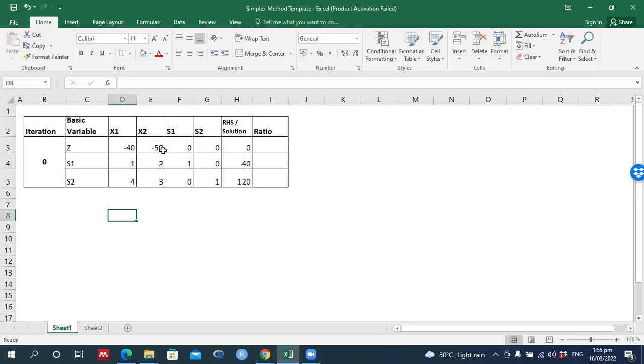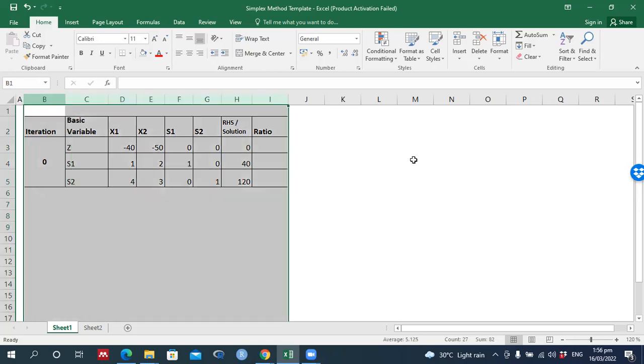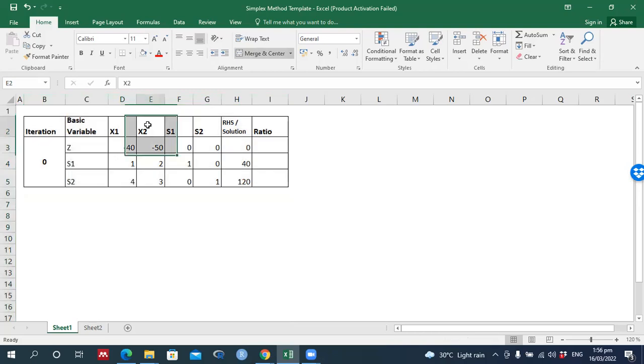So what I was saying is that the first thing is to identify our pivot column. And I said the pivot column is the column with the biggest negative Z value. So who can then tell us which of these columns is our pivot column? X2, thank you.